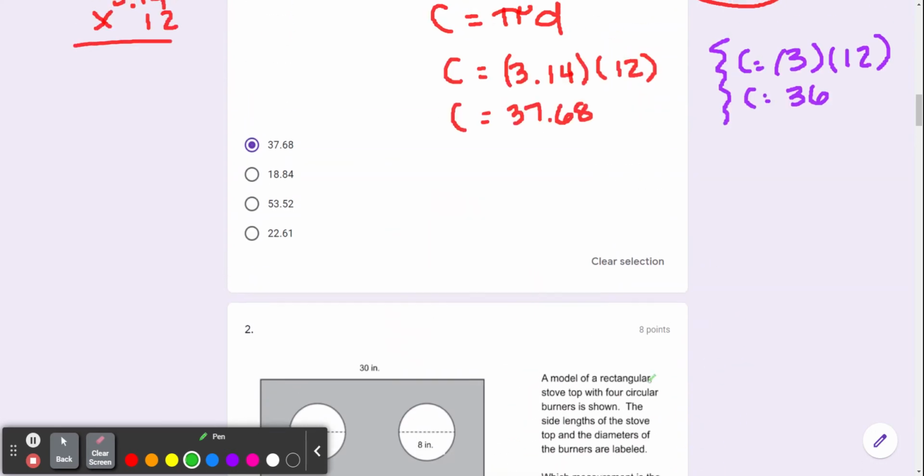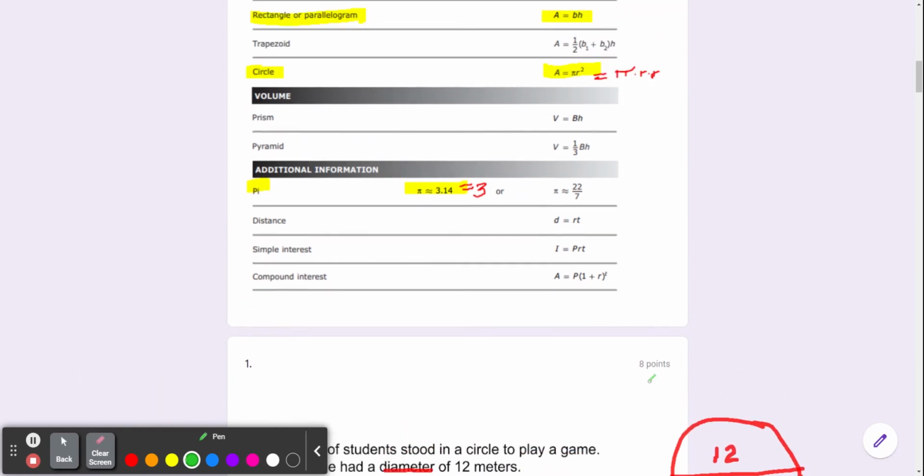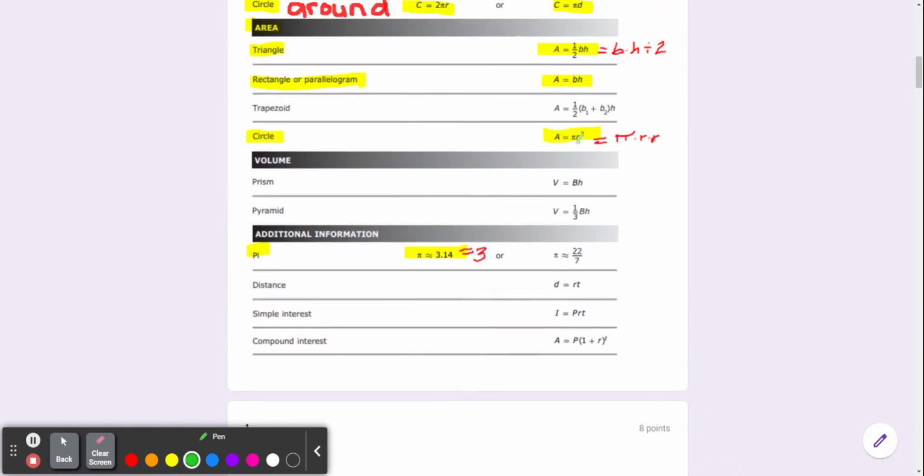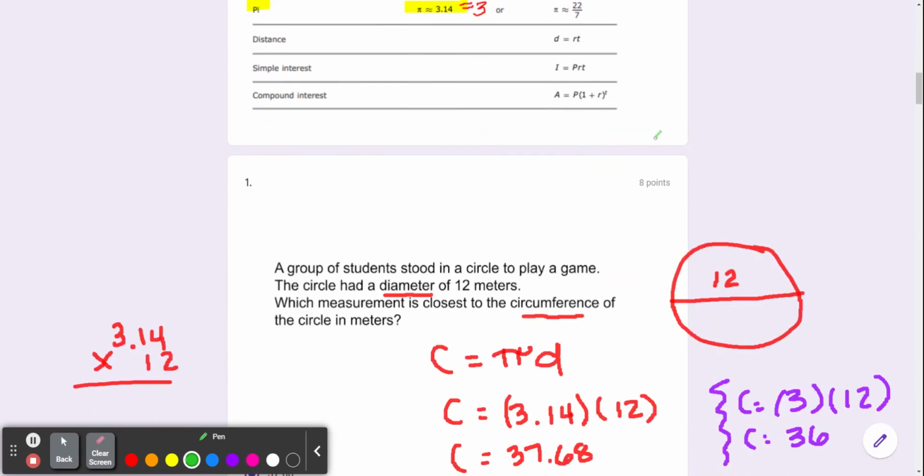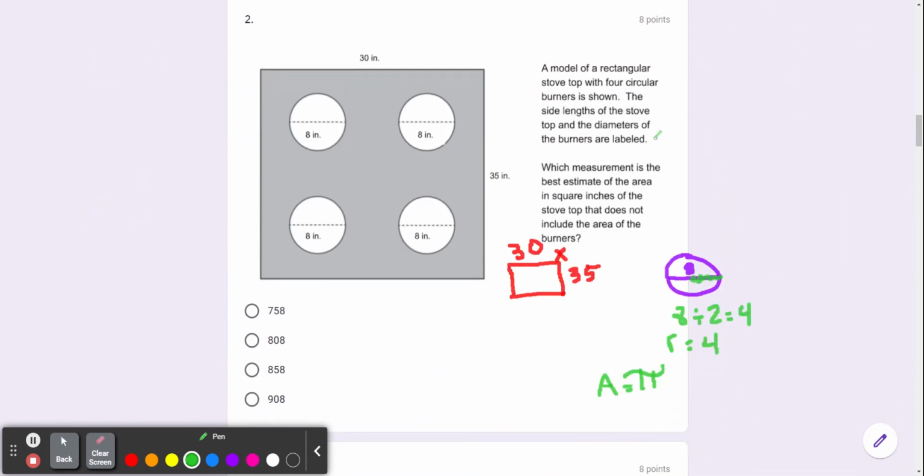Let me go back up so you can see where I'm getting it from. This formula, the area of a circle is pi times the radius again. And my radius is 4. So pi times 4 times 4.